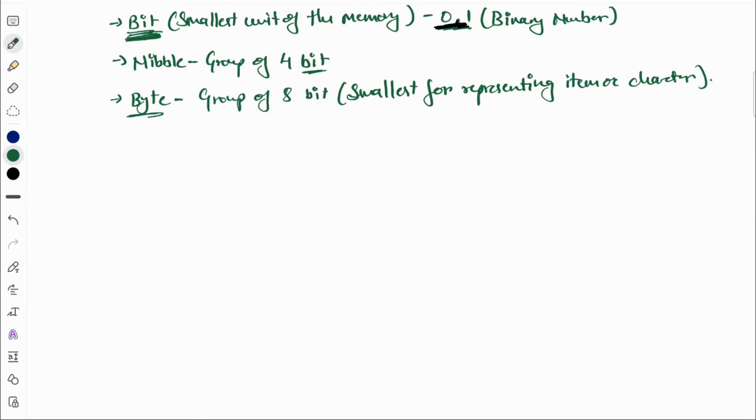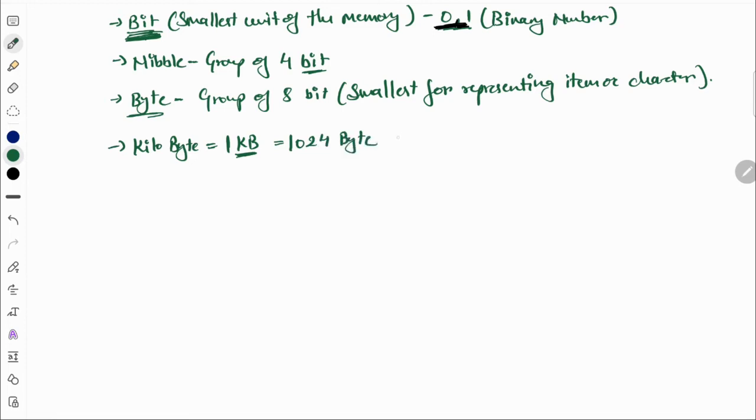Then kilobyte. 1 KB, KB is the short form of kilobyte, is equal to 1024 bytes.